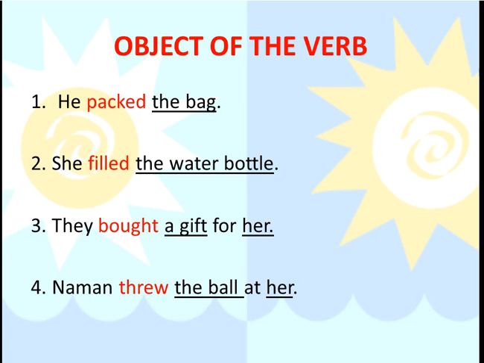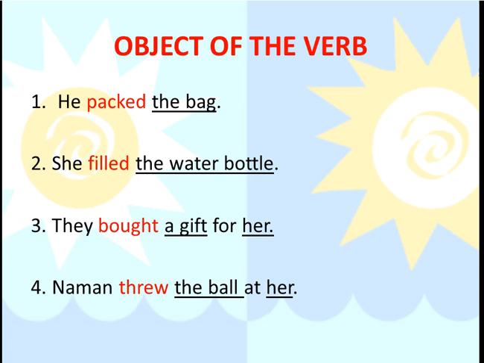The direct object answers the question what. For example, they bought what? A gift. A gift is the direct object. Who received the gift? Her. So her here is the indirect object.